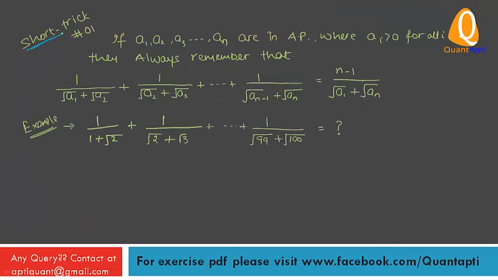This is a short trick. If a1, a2, a3, up to an are in AP where ar is greater than 0 for all r, then always remember that the value of 1 upon (root a1 plus root a2) plus 1 upon (root a2 plus root a3) plus and so on, plus 1 upon (root an minus 1 plus root an) is equal to (n minus 1) upon (root a1 plus root an).